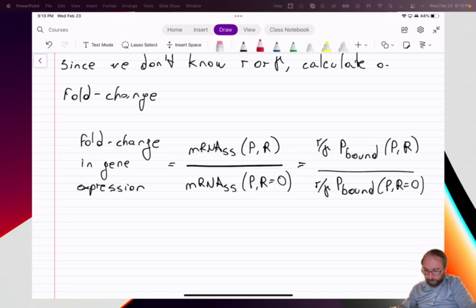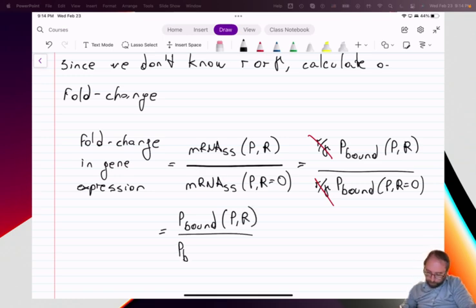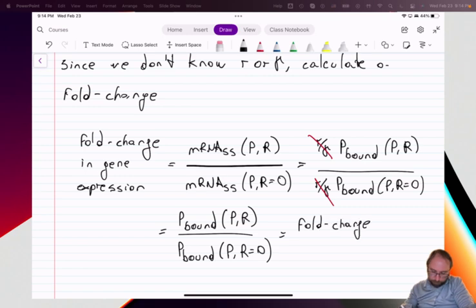And the nice thing is that now R and gamma cancel out. So now I have P bound of P, R divided by P bound of P, R equals 0, which is a fold change in promoter occupancy.